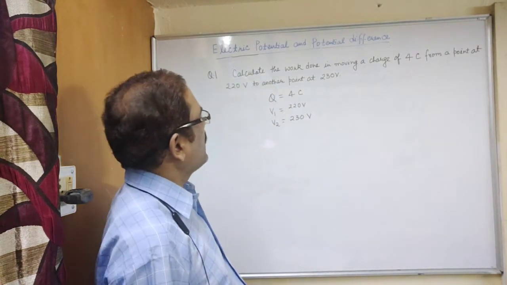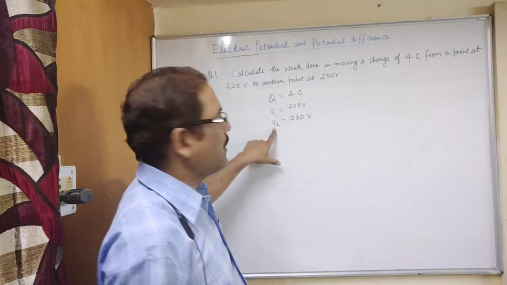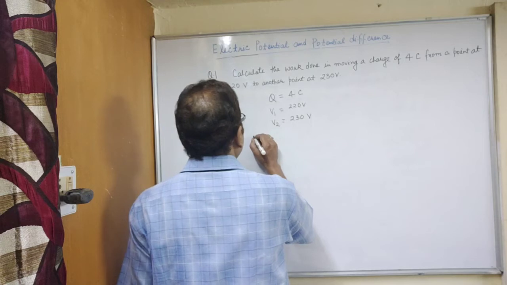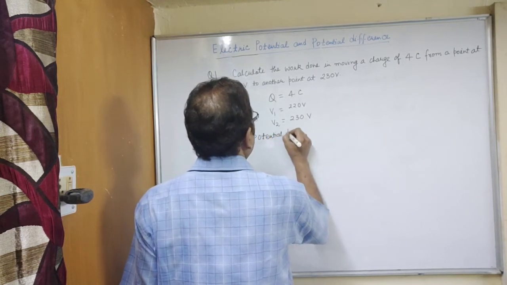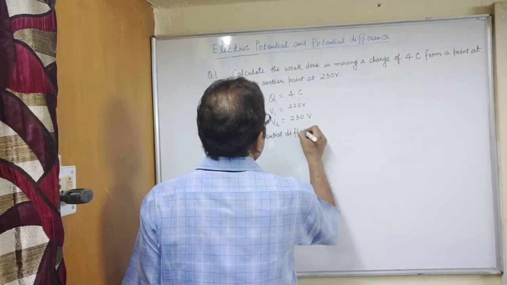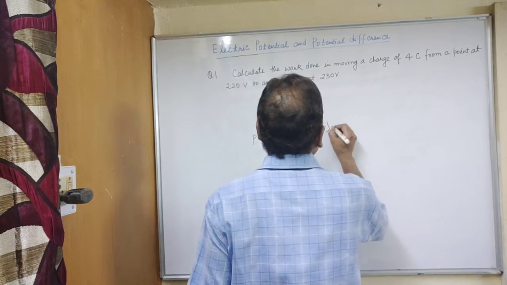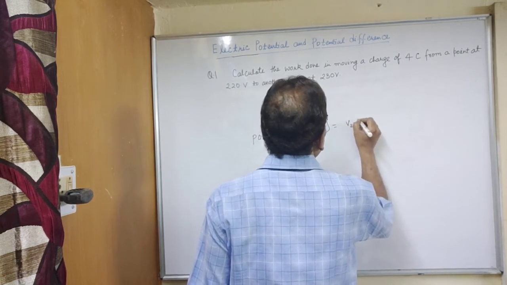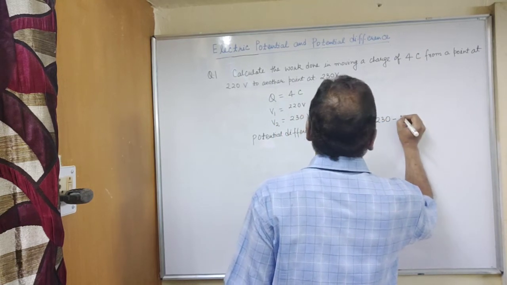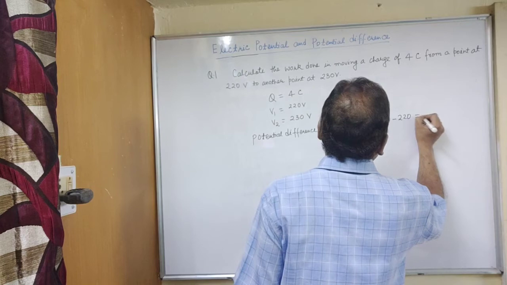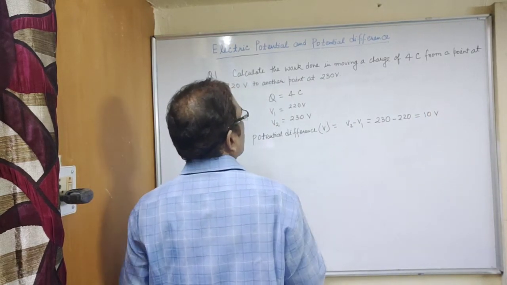So these are the potential at one point and this is the potential of another point. So first calculate the potential difference. Potential difference V will be equal to V2 minus V1. So it will be 230 minus 220. So 10 volt is the potential difference.